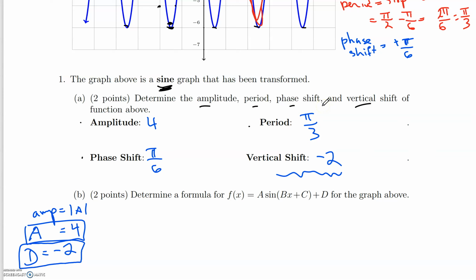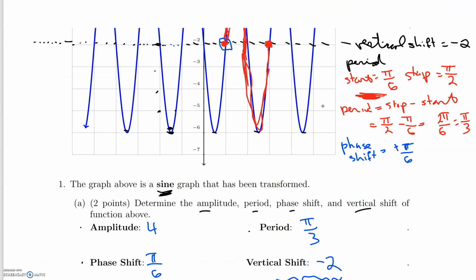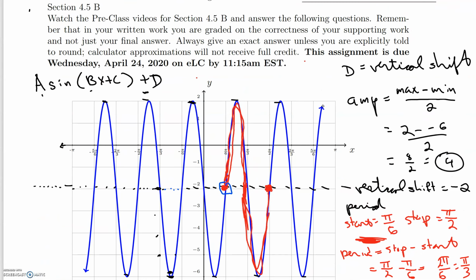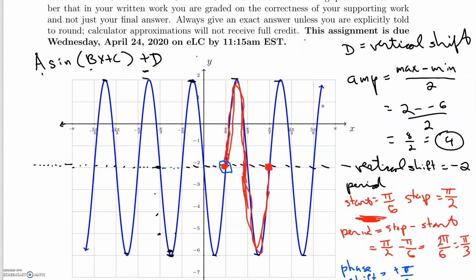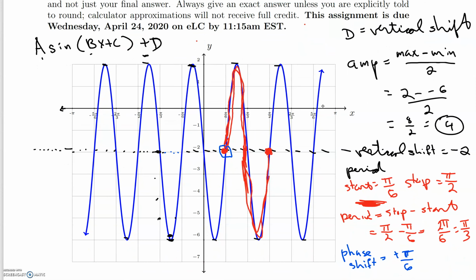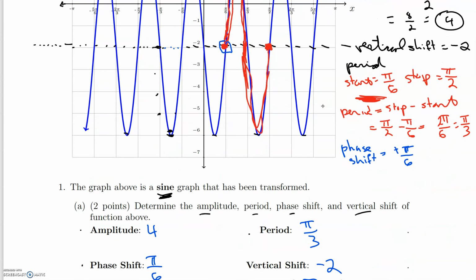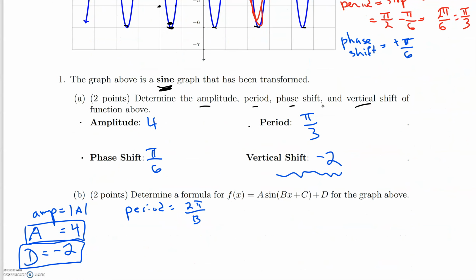Now, for B, we're going to use the period formula. So the period equals 2 pi over the absolute value of B. We are going to assume that our B value is greater than 0 here, and that way I won't have to think about this absolute value.